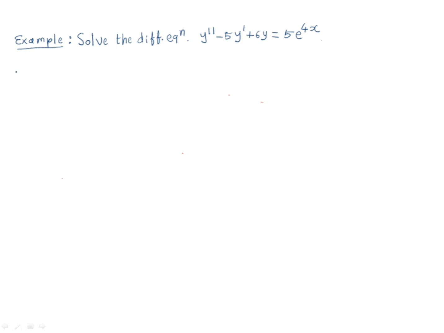So let's start the solution. As we know, this is a second order ordinary differential equation, so its general solution will have two arbitrary constants, and both will be present in the CF only. So first of all, we are going for the CF.